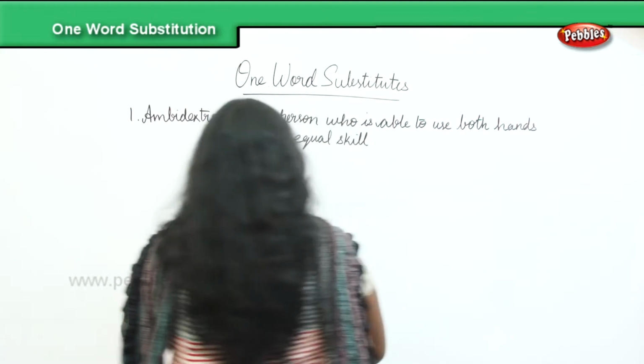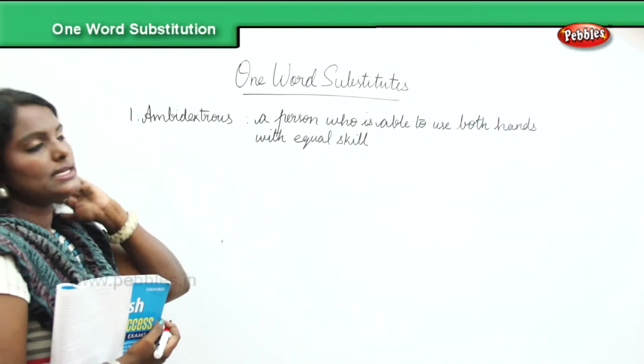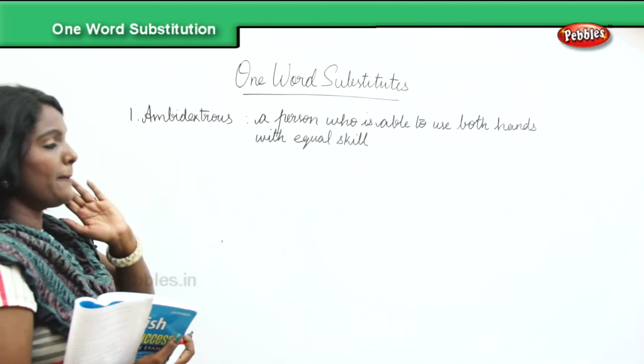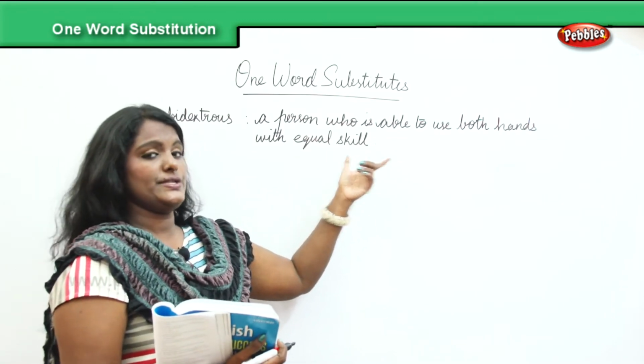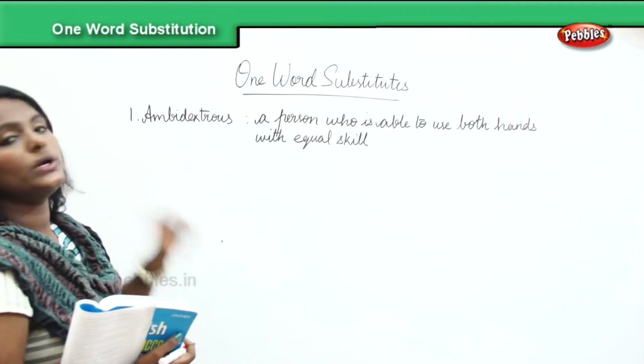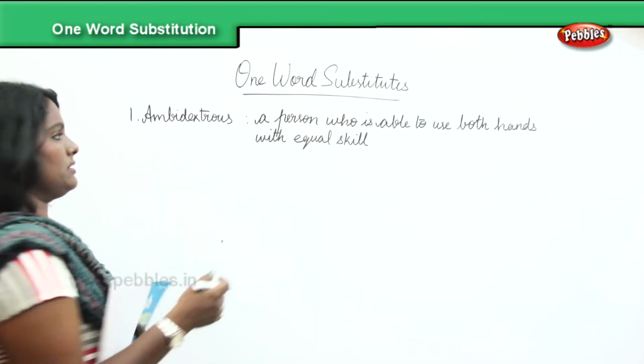So when you read a particular passage which has this idea or this phrase, you can definitely replace this sentence or the phrase with the simple word ambidextrous.